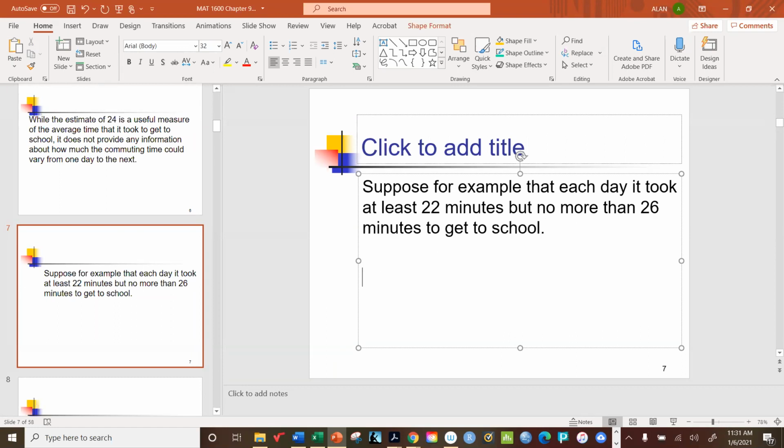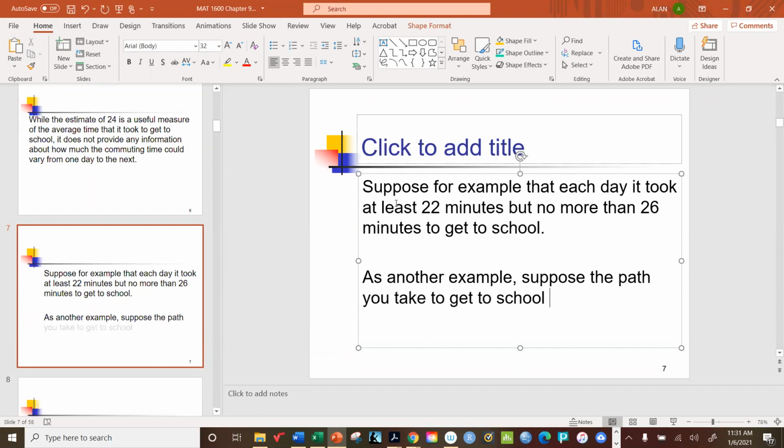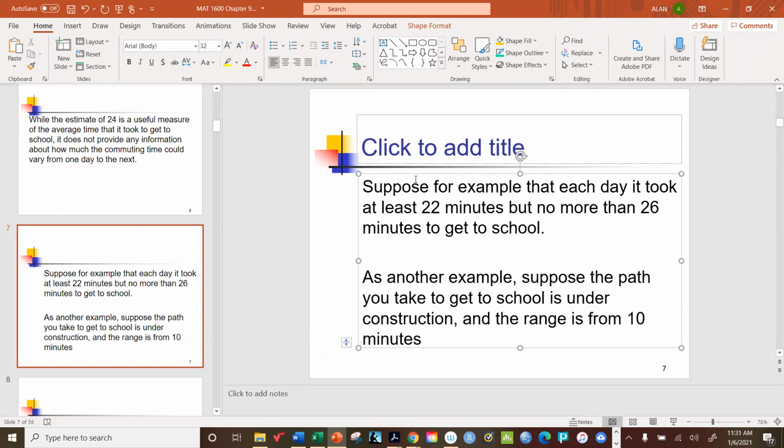On the other hand, as another example, suppose that the path you take to get to school is under construction, and the range is actually from 10 minutes to 38 minutes.